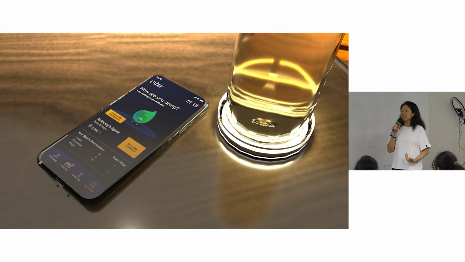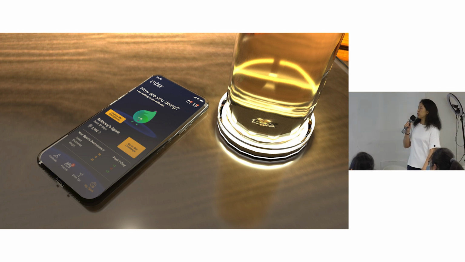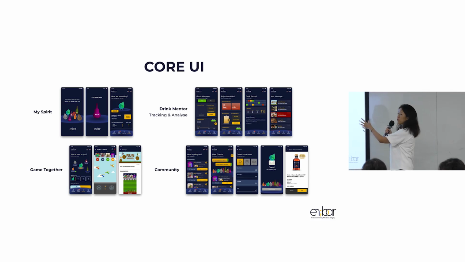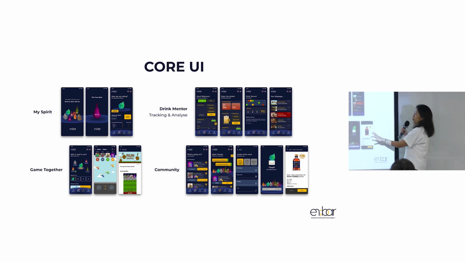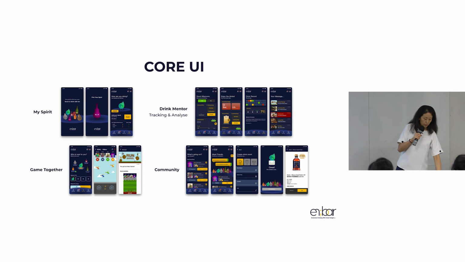Maybe we should call it a day, as a soft reminder, right? So this is a very typical interaction design project. And also, of course, for the app part, you will design the core UI and the function and then the user flow, right? So that's pretty much what interaction design does.